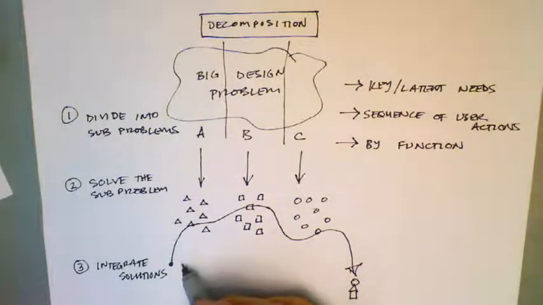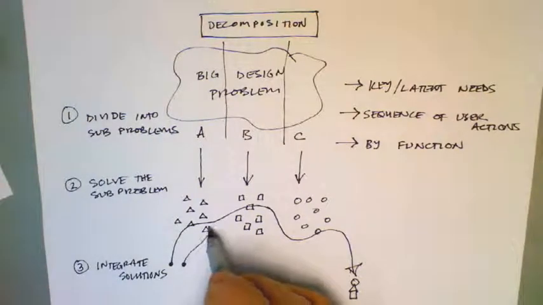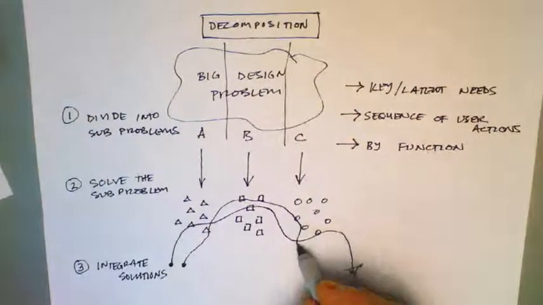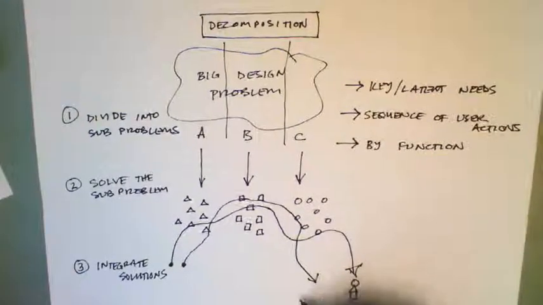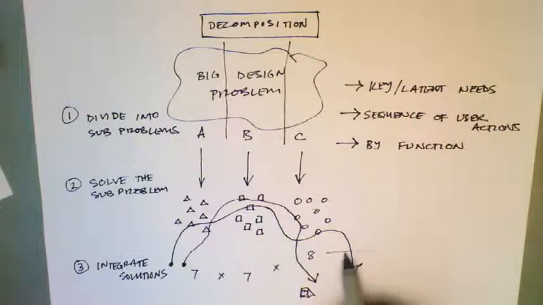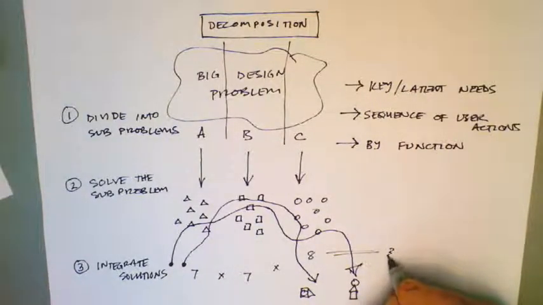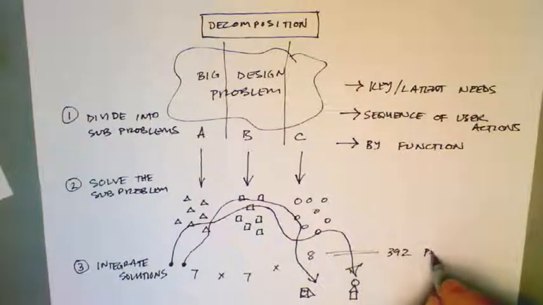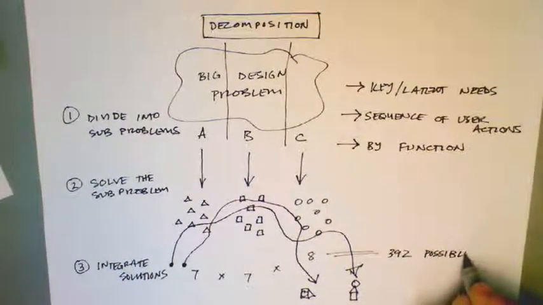And you can take another one from A, another one from B, another one from C, and you get some additional solution concept. If you think about it, let's imagine that there are 7 of those, and 7 of those, and 8 of those. Then basically what you've got is 7 times 7 times 8, or 392 possible combinations.